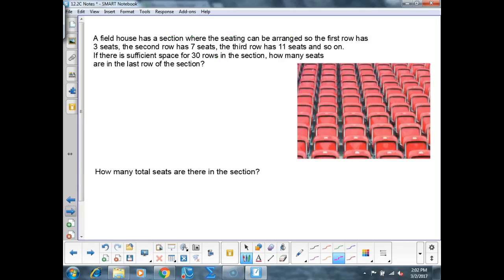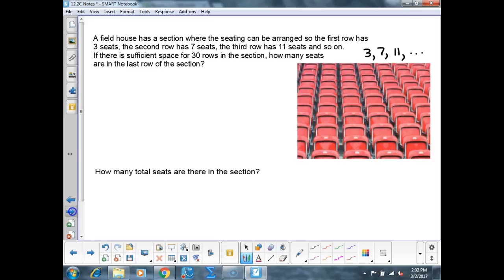So here is the second problem on your worksheet. A field house has a section where the seating can be arranged so the first row has 3 seats, the second row has 7 seats, the third row has 11 seats, and so on. So we're at 3, then 7, then 11, and so on.